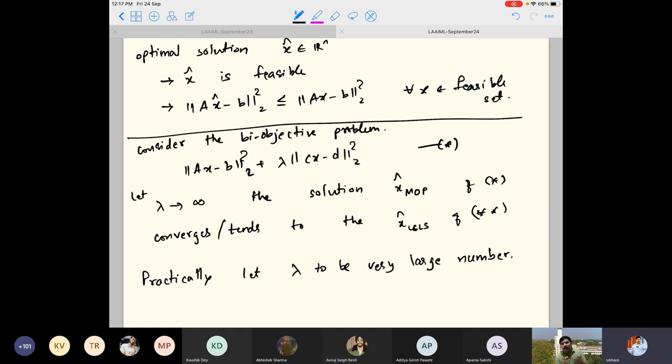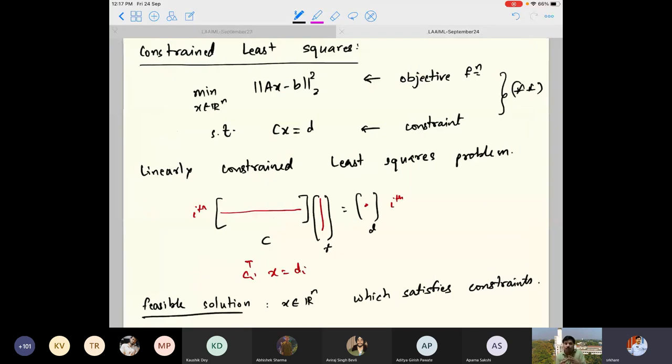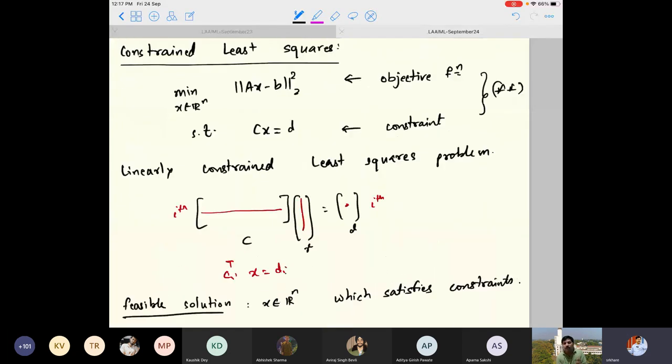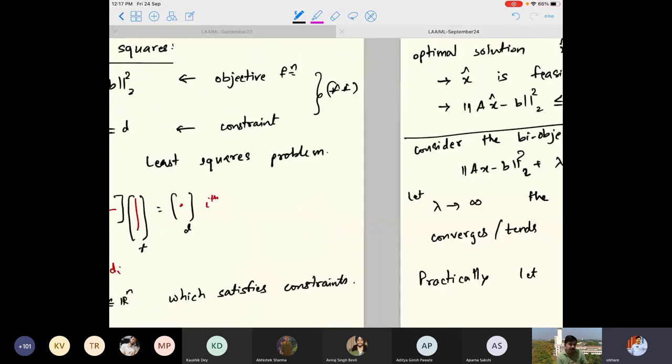If you let lambda be a very large number and solve this bi-objective problem, then whatever solution you get to this bi-objective problem is the approximate solution, or is close to the constrained least squares problem solution. Okay, so that is the connection between the bi-objective least squares problem and this constrained least squares problem.